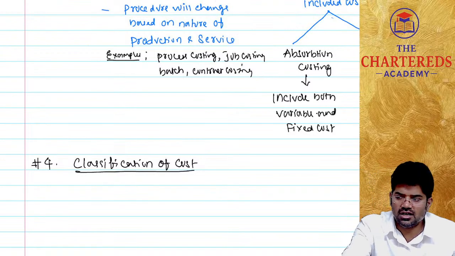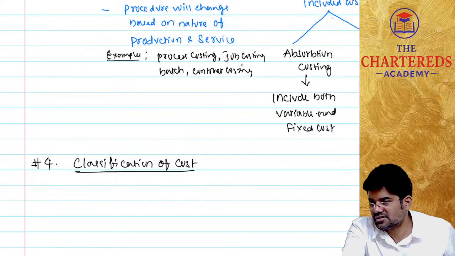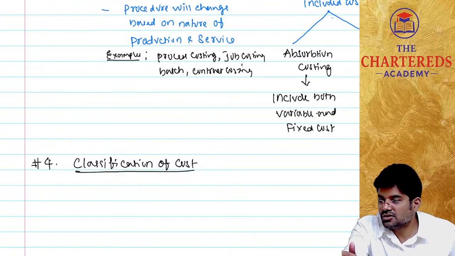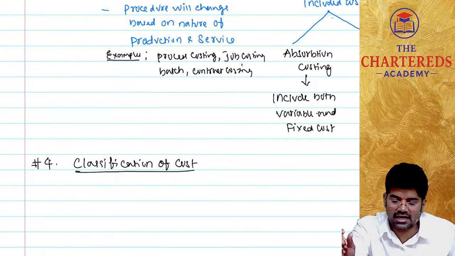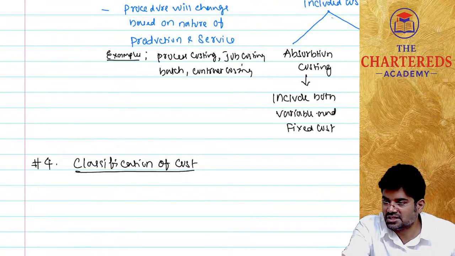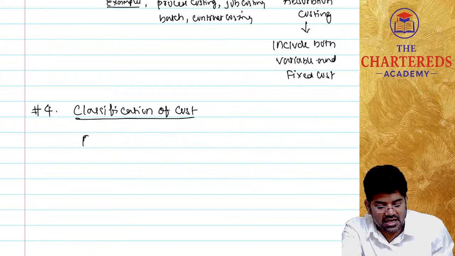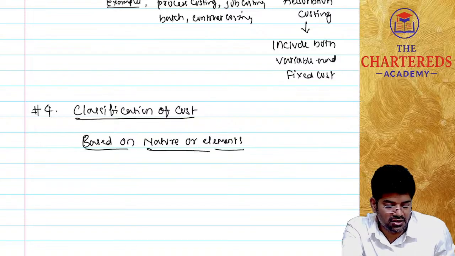In this world, when they started analyzing the cost, I told you, in order to control cost, first you need to know the nature of cost. You need to get a better understanding of the expenditure. So the first classification is which one? Based on nature or elements.